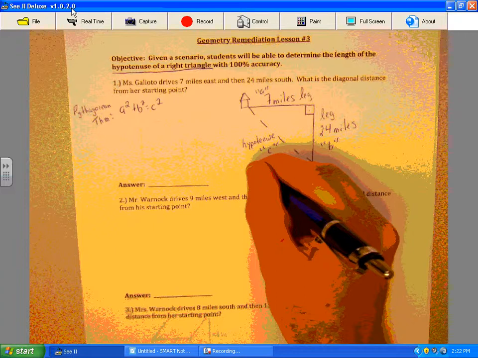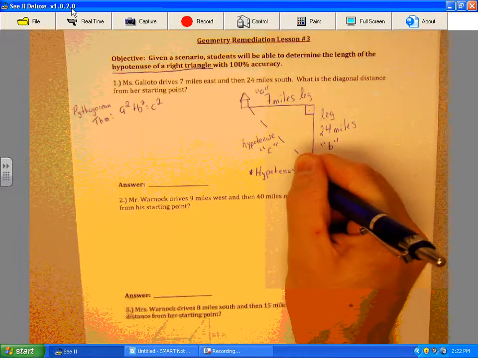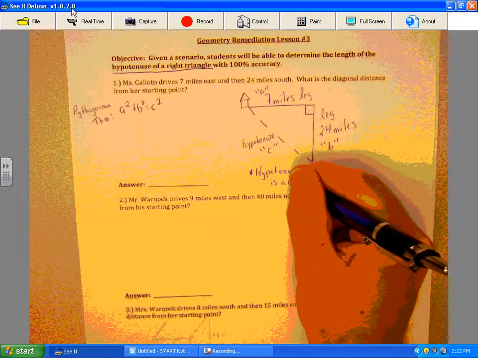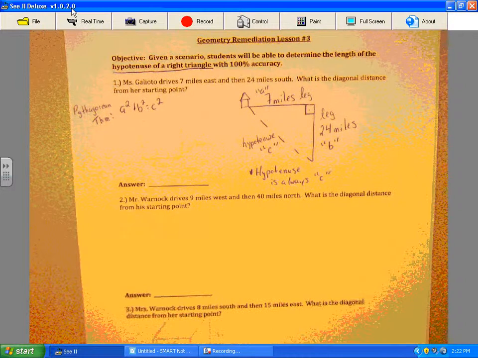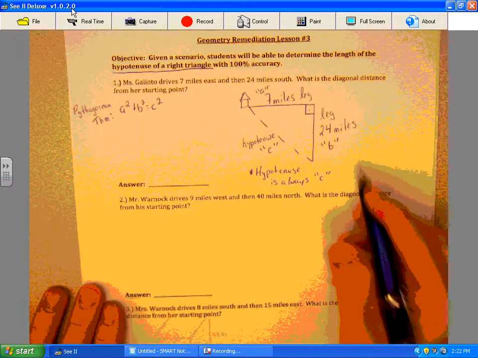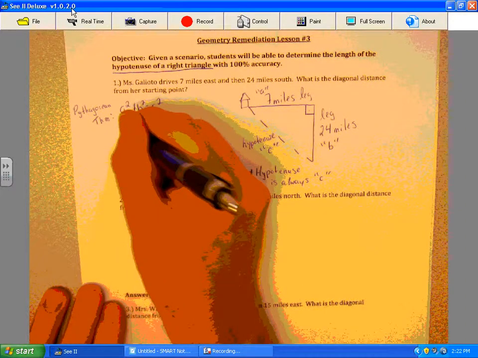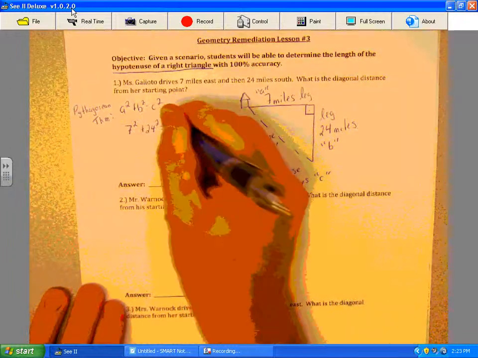So we're going to substitute 7 in for a, so we're going to have 7 squared plus 24 squared equals c squared.